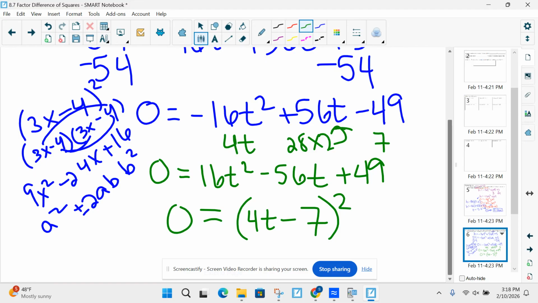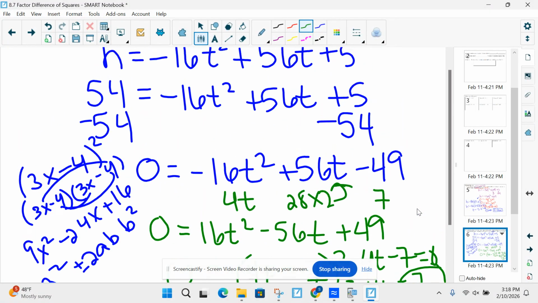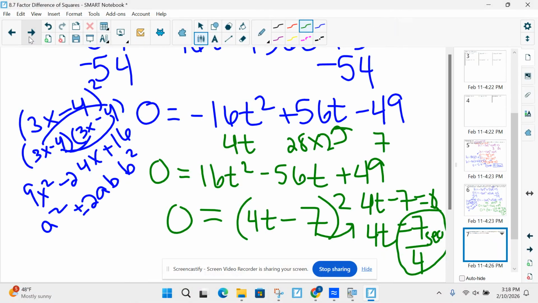Then the solutions, if you set 4t minus 7 equal to 0, you could add the 7 over and get 4t equals 7, divide by 4, so 7/4 of a second. Since it is only one answer, 7/4, that's the only time it reaches that height. So that's how you solve that problem.